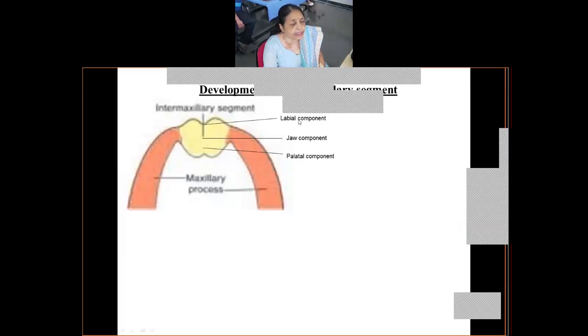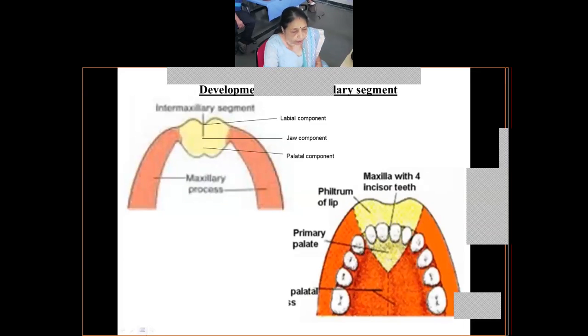Then there is a labial component that will form the philtrum, and then the jaw component that will form the middle of the upper jaw. And then there is the palatal component, the medial part, which is also known as the premaxilla. Okay.